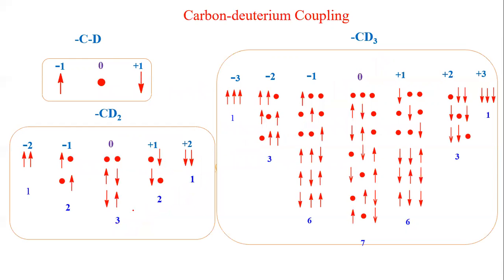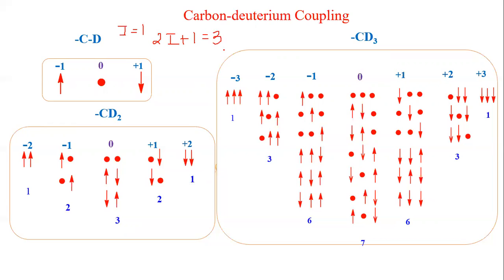Now we'll see spin orientations of deuterium with respect to carbons. That is, now carbon-deuterium coupling and the different spin orientations of the deuterium. As deuterium has spin quantum number I equal to 1, it will have 2I plus 1 different spin orientations. 2I plus 1 means there are 3 different spin orientations.